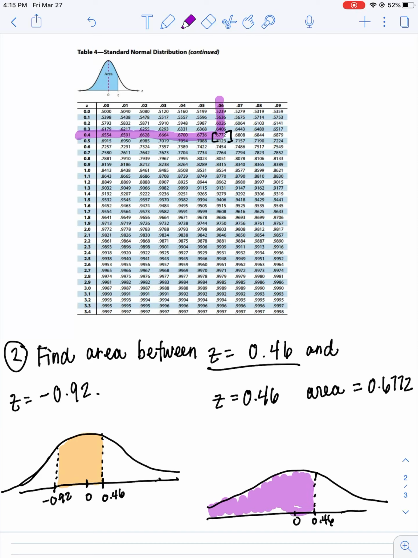This purple region is what we just found. And we don't want that entire region, guys. Remember, we just want the area between those two numbers from the beginning. So that means we're now going to go find the other z value area: z equals negative 0.92, and the area that corresponds to it.